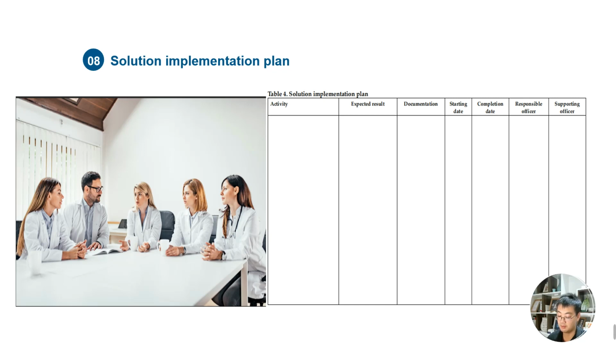For example, training leads to more staff being trained or more staff being equipped with new skills. Health information and promotion will lead to a change in knowledge, attitude, and behaviors.